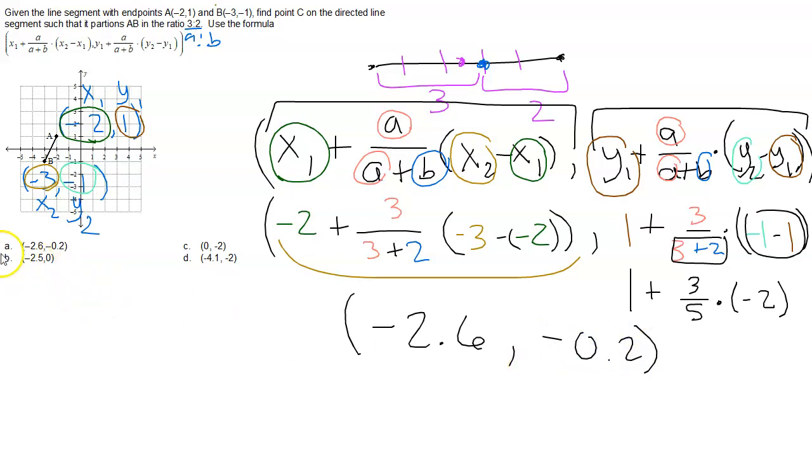So our answer choice is A, which we could have picked anyway without finding the y. Since it's multiple choice, we knew the first part was -2.6, and there was only one answer with -2.6. So sometimes you can select without finding both, or if you want to be more confident in your answer, find both parts, both the x value and the y value.